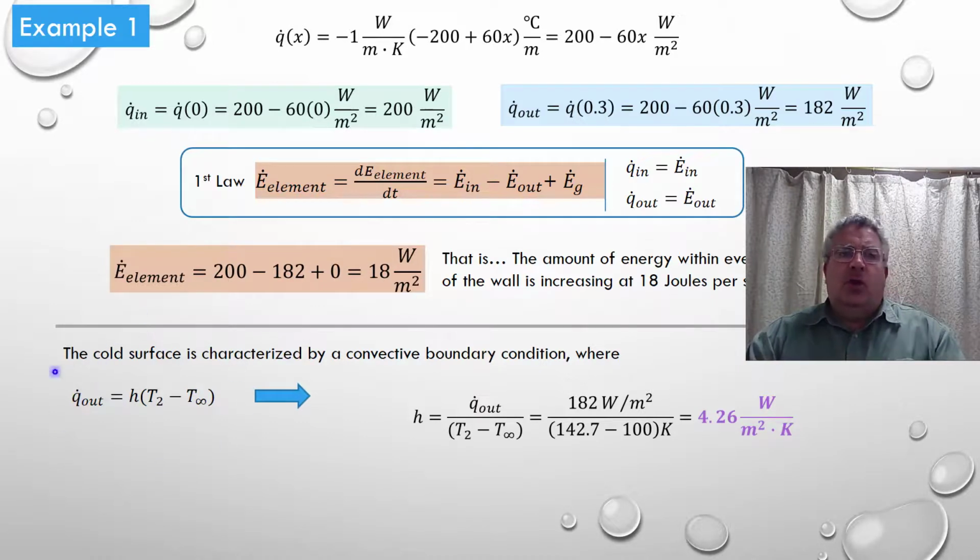So I can rearrange this, and the only unknown here is my heat convection coefficient. I'll rearrange it, and I'll find out that for this situation, if it was happening at this instant in time, the heat transfer coefficient would have to be 4.26 watts per meter squared per Kelvin.